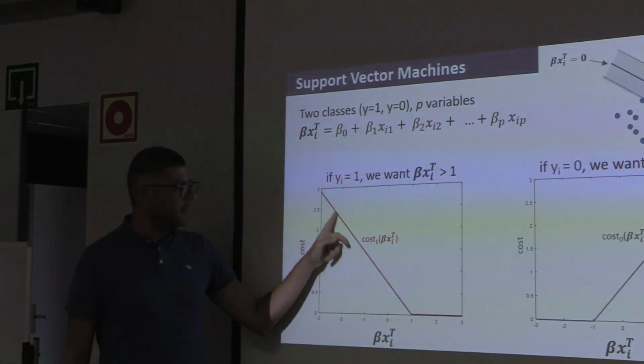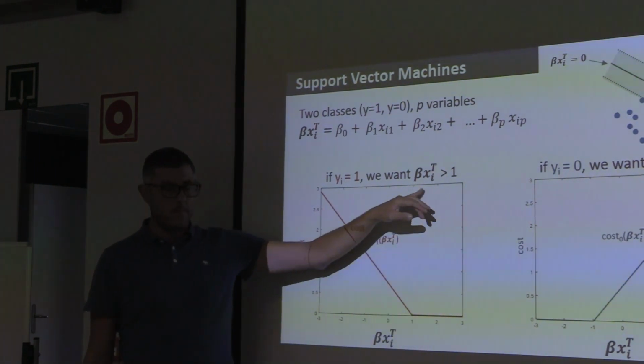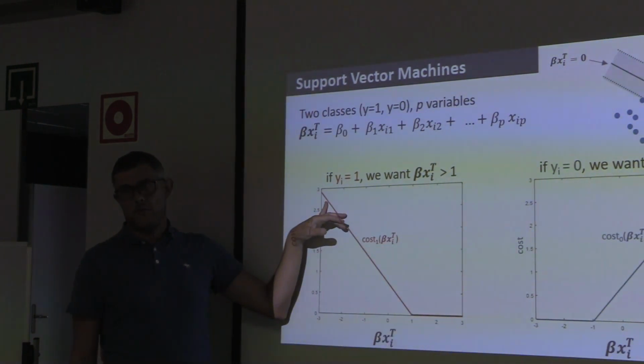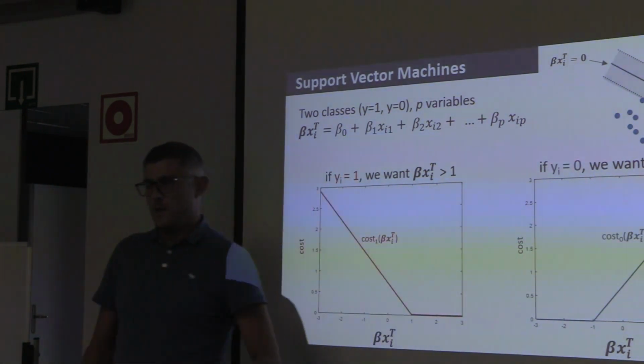And this is exactly what you have here, the cost function for the two classes.